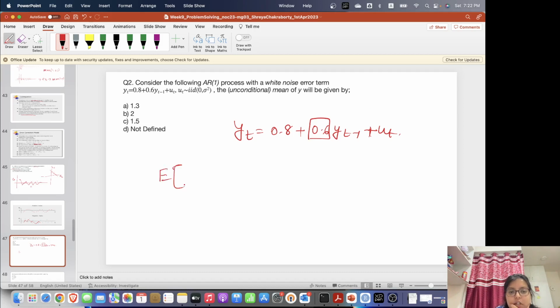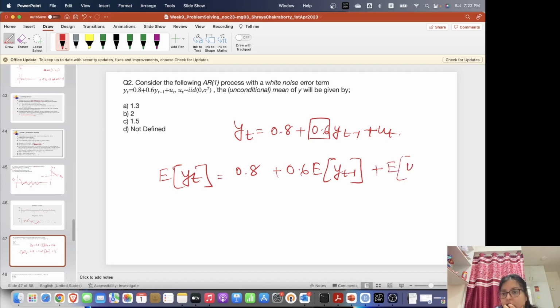So expectation of yt equal to 0.8 plus 0.6 expectation of yt minus 1 plus expectation of ut. Okay, ut follows IID with mean 0, variance sigma square. So expectation of ut will become 0.